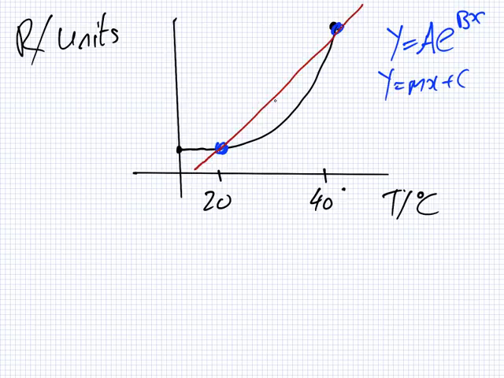Now this, of course, will be wrong because the shape of the graph is a curve. But what they like to do is ask you to compare the answer you get with the linear with the answer you get with the exponential, and they want to know how much of an error there was. Sometimes the linear is nearly as good as the exponential, and this is the point they're making, that for some graphs the exponential and the linear are not too different.